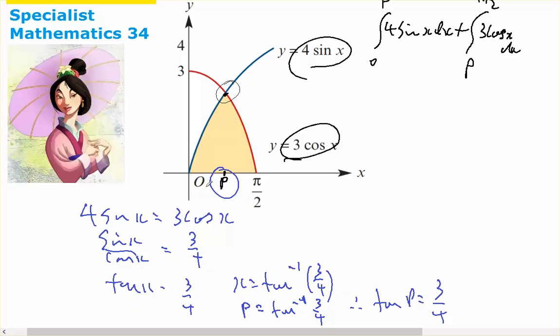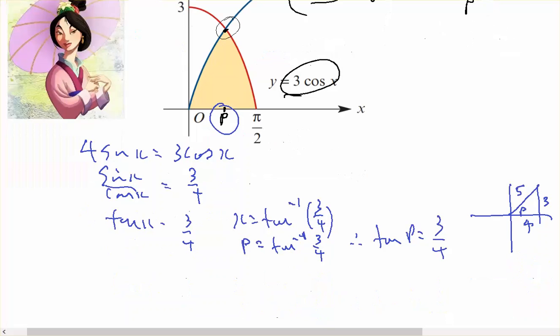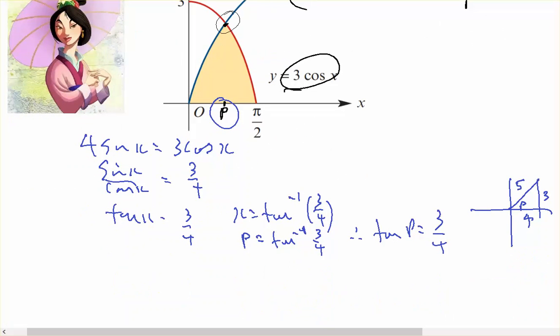I know that P is in the first quadrant, so if I was to draw a gradient triangle, and that's P, and that's 3, and that's 4, therefore that's 5. So I also know that the cosine of P will be 4 on 5, and the sine of P will be 3 on 5.